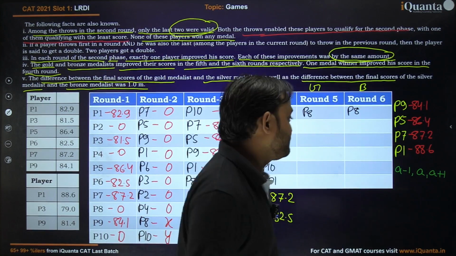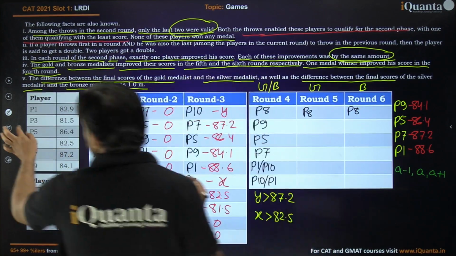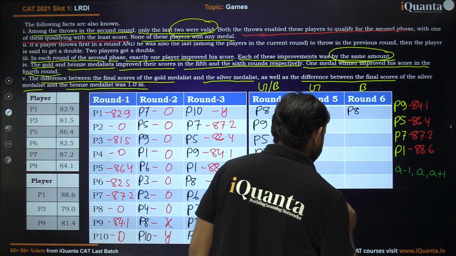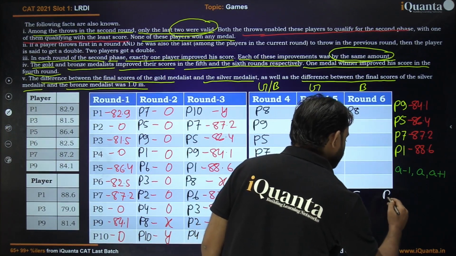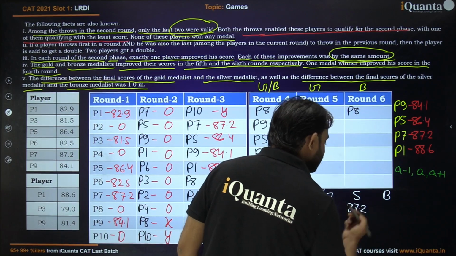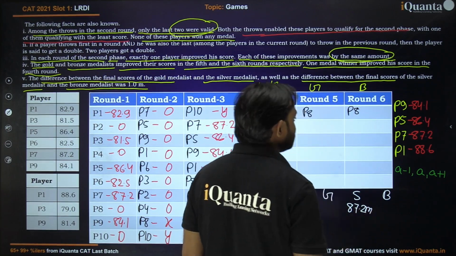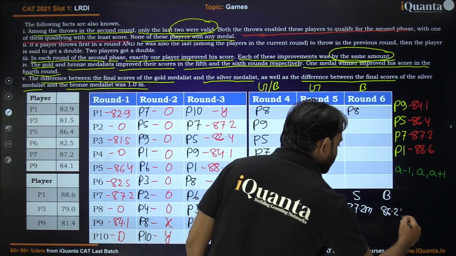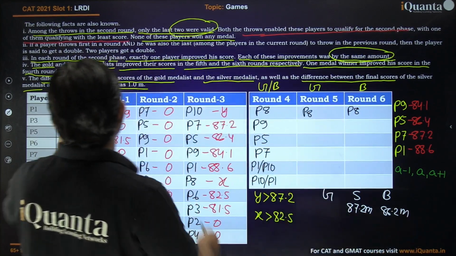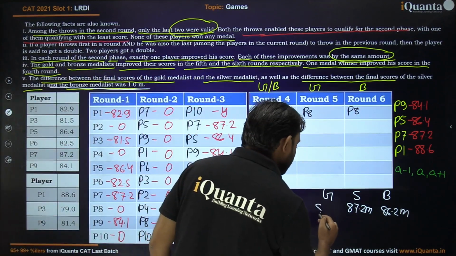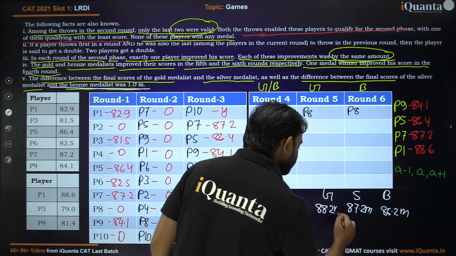P7, let's say if P7 got the silver medal, what is the possibility? So gold, silver, bronze. If 87.2 is the measurement for the silver medalist, the bronze medalist must have gotten 86.2 meters as per the given information. The difference was 1 meter, and the gold medalist must have gotten 88.2 meters.